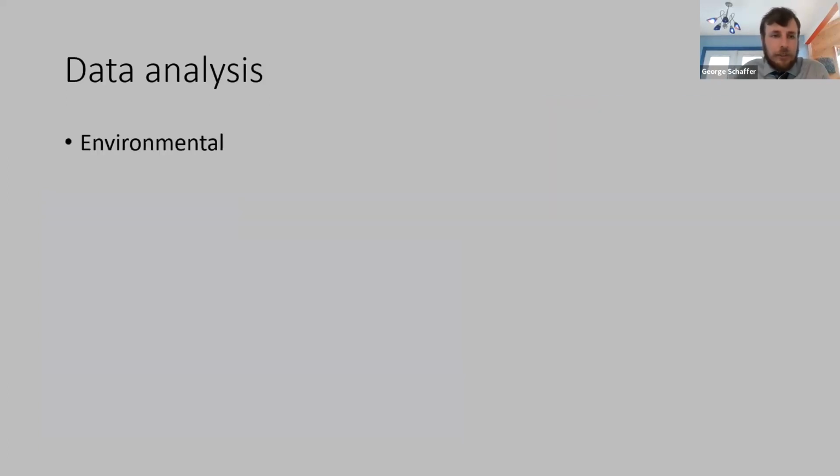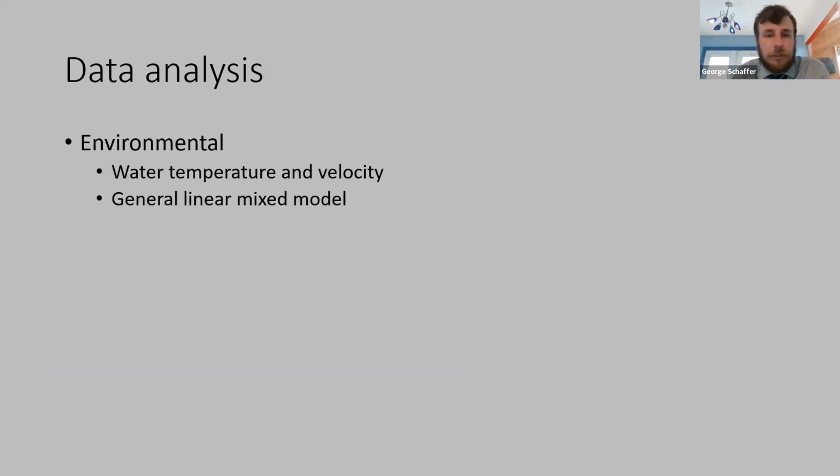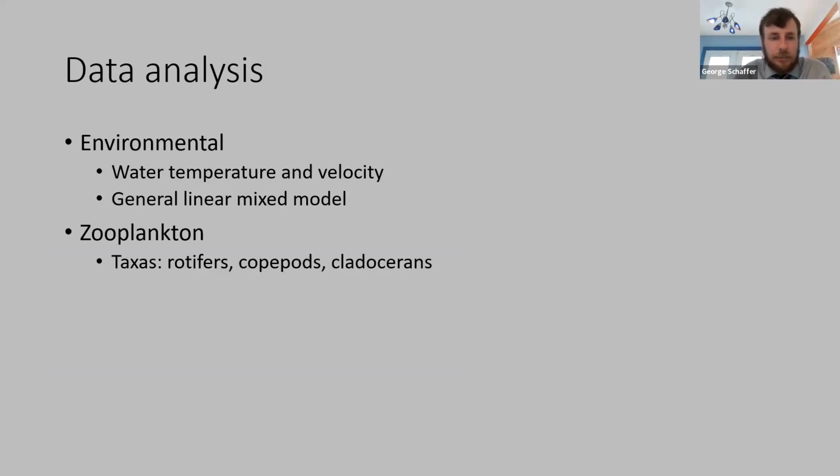To analyze our data, environmental data was analyzed from water temperature and water velocity, and we used a generalized linear mixed model for this portion. For zooplankton, we modeled rotifers, copepods, and cladocerans, but it is important to note that we modeled each habitat type separately. So we modeled the main channel rotifers separately from the off-channel rotifers, and so on for the other 2 taxa, using a generalized linear mixed model.